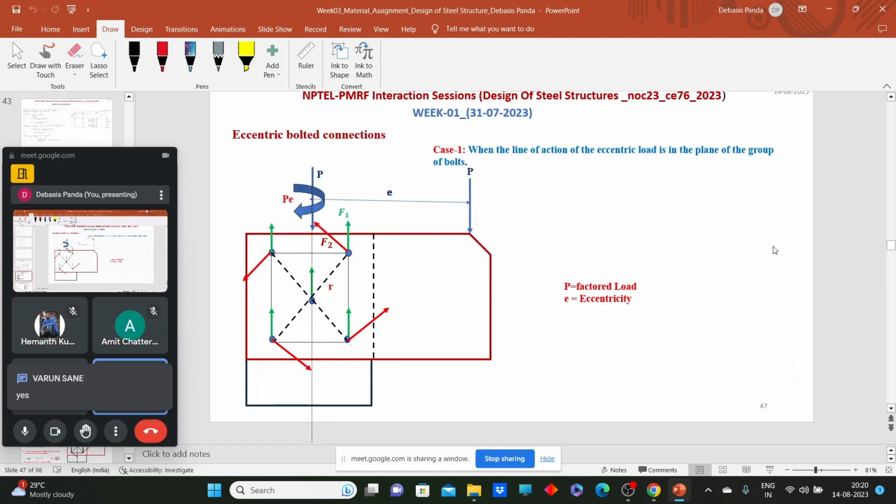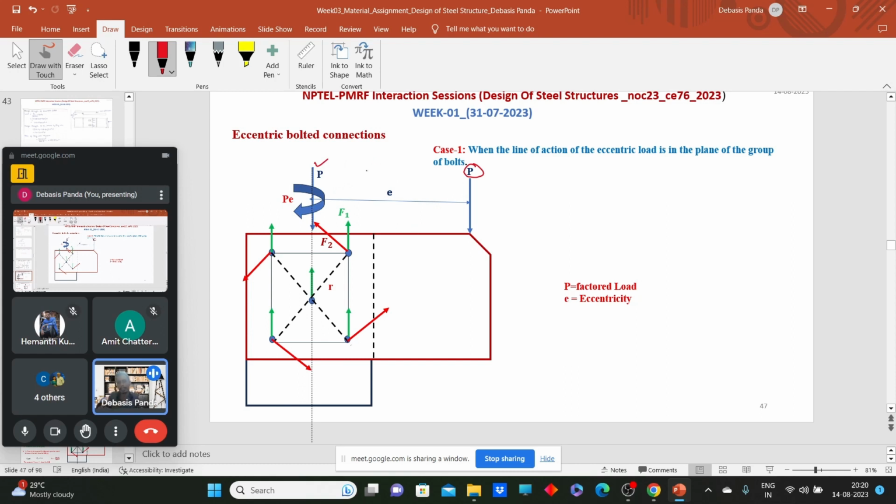So first, case one, when the line of group of bolts and the line of action of load are in the same plane. We can see that this load is acting on this plane, and due to this eccentric load, one direct shear force P will transfer to the CG of the group of bolts, and another moment will be generated due to that eccentricity.